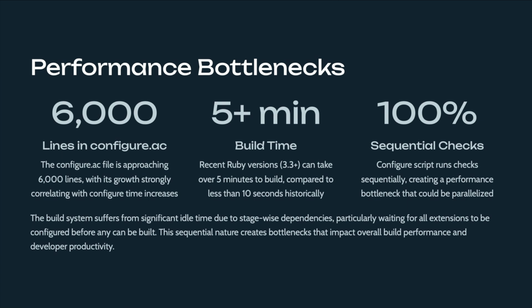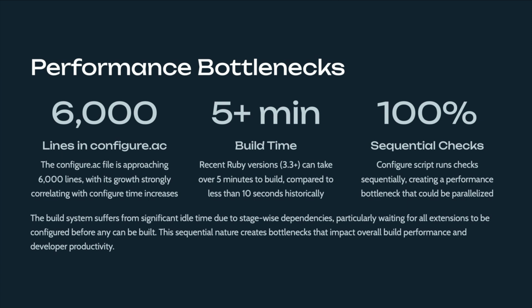You see literal white space or blue hatched areas, as the source described them, where processor cores are just sitting idle, waiting, because the dependencies from previous stages, like all the configuring, haven't been fully met yet. So the work isn't spread out efficiently. Pretty much. The system isn't currently set up to build a global view of the entire build graph, which would allow it to optimize the scheduling across all tasks, including configuration checks and compilation steps, to minimize that idle time.